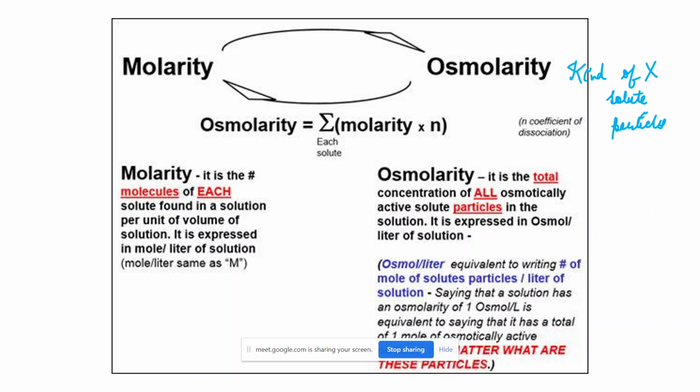You can have questions like this: if two solutions have an equal number of solute particles, but one solution has X solute particles and the other has X plus Y solute particles, will the osmolarity be different? The answer is no, because if the number of moles or solute particles is the same, the osmolarity is going to be the same in a specified volume of solution.